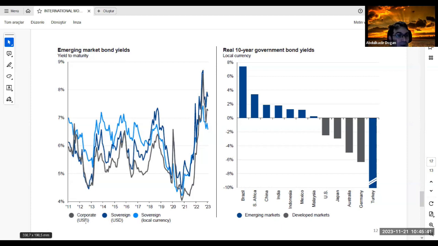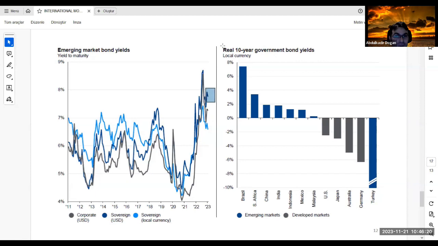As you see, United States corporate and sovereign bonds, sovereign meaning government securities. Corporate bonds means companies like Apple, Amazon, and Microsoft. Normally corporate bonds offer a higher return than sovereign bonds. But especially during the crisis period, I have less return in corporate bonds than sovereign bonds because of the increase in the interest rate of government yields.